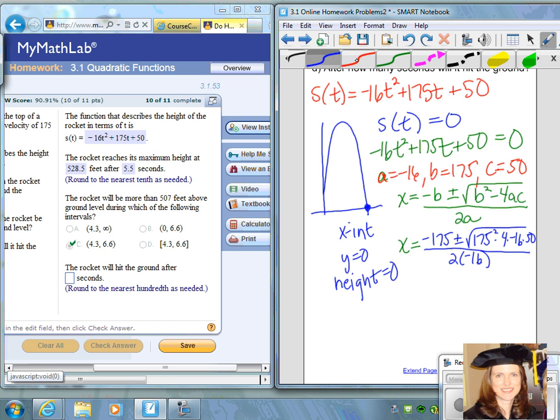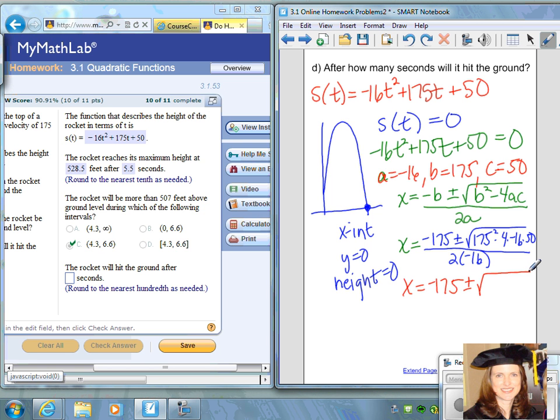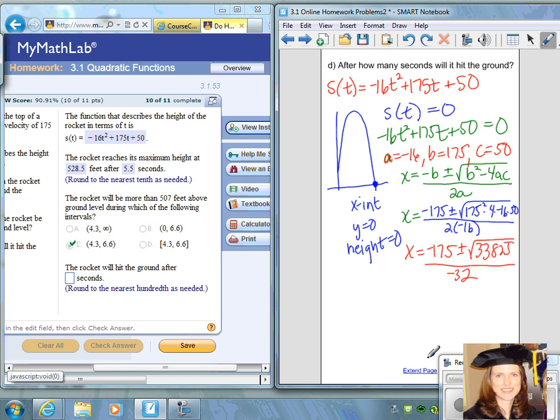Okay, I'm going to use a calculator to simplify this. I'm going to do the part under the radical, b squared minus 4ac, 175 squared minus 4 times negative 16 times 50. That's the square root of 33,825, all divided by negative 32. Now use a calculator to find this once with a plus sign.